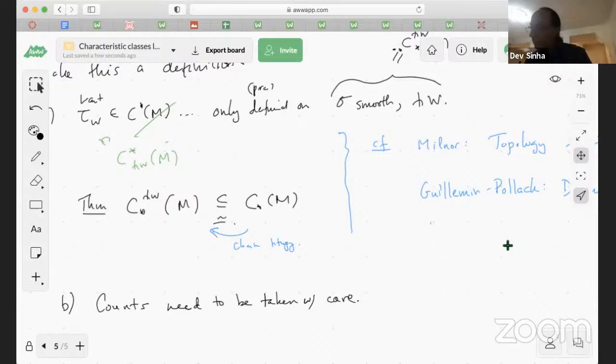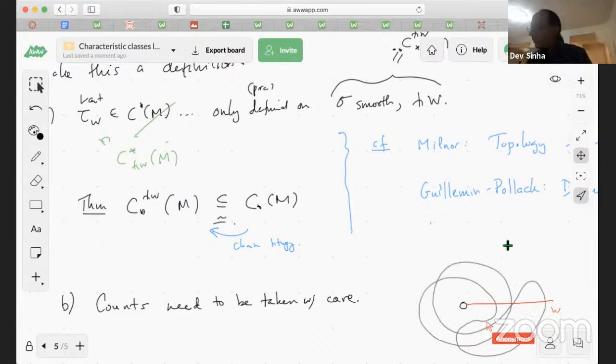In our little R2 minus 0 example, with the positive x-axis as my W, if I take some chain and do this, then it looks like I've intersected in 1, 2, 3, 4 places, but some of them come with a plus sign, maybe this and this, as well as this, but maybe this comes with a minus sign.